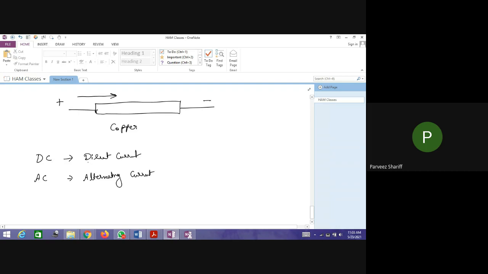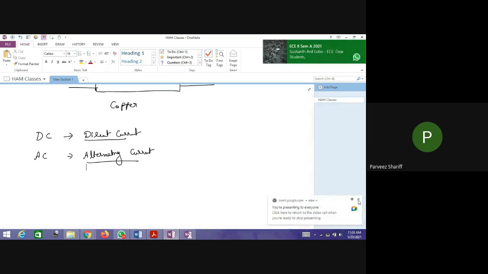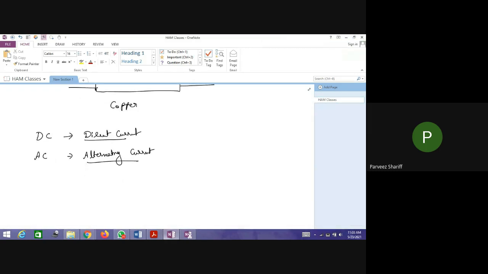I'll give a small introduction here, then we will continue with our conductor example.